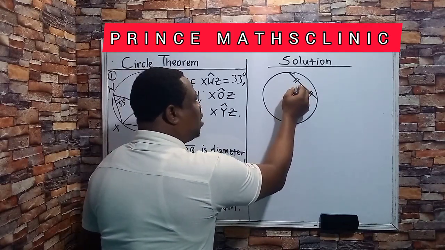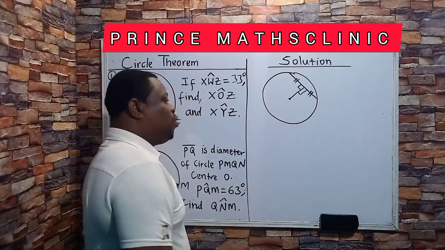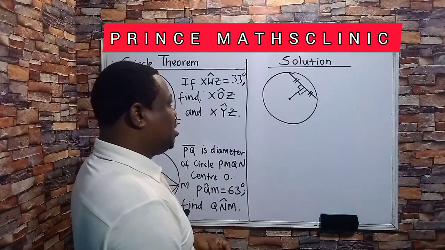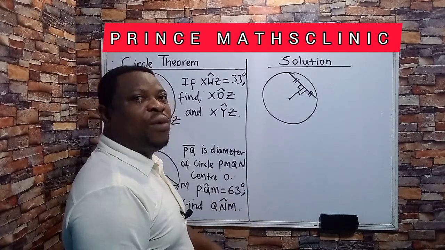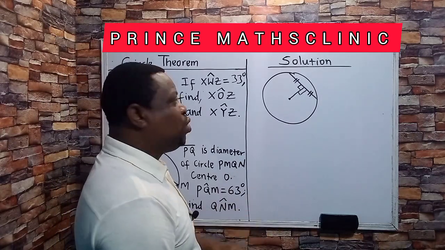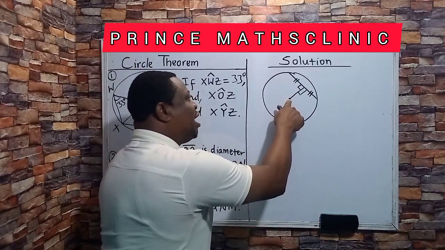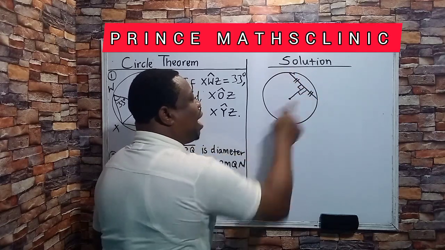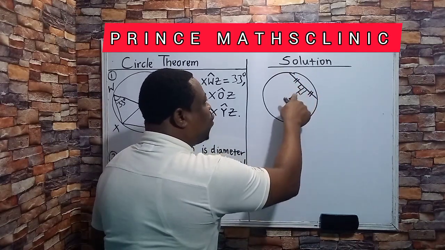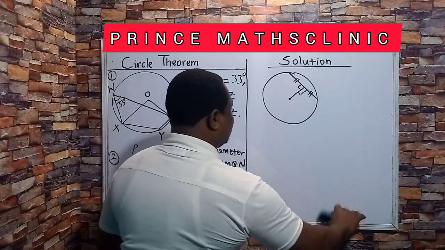Also, the angle that will be here will be 90 degrees, and the angle that will be here will be 90 degrees. That is the first theorem that I would like to expose you to. Remember, if you have a line from the center that touches the chord, it must divide that chord into two equal parts. Then the angle formed, because it is perpendicular to that chord, will be 90 degrees.